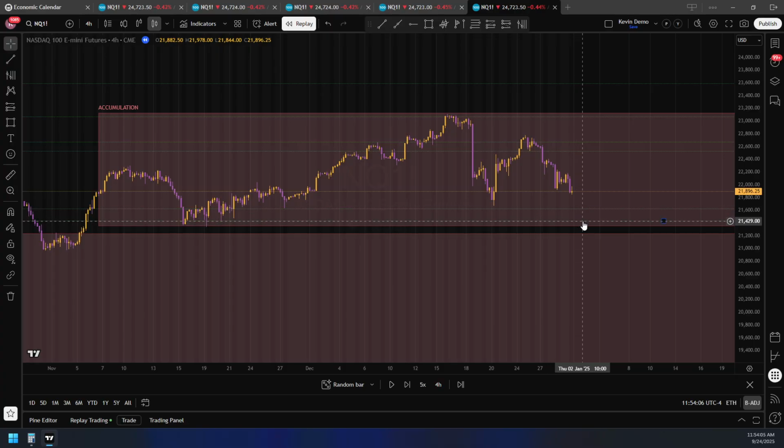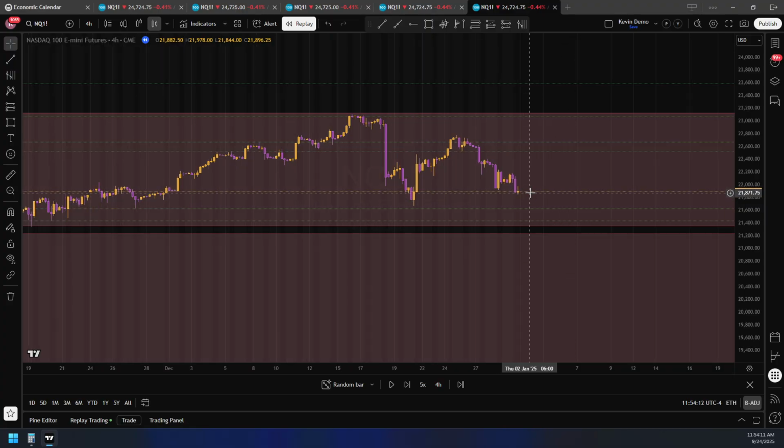It's probably going to come down to this level before it bounces. So I would say that just from the looks of it, we're bearish in nature at the 4-hour level. We're currently in the middle of a trading day because this black area is trading day, so it's Tuesday, Wednesday.